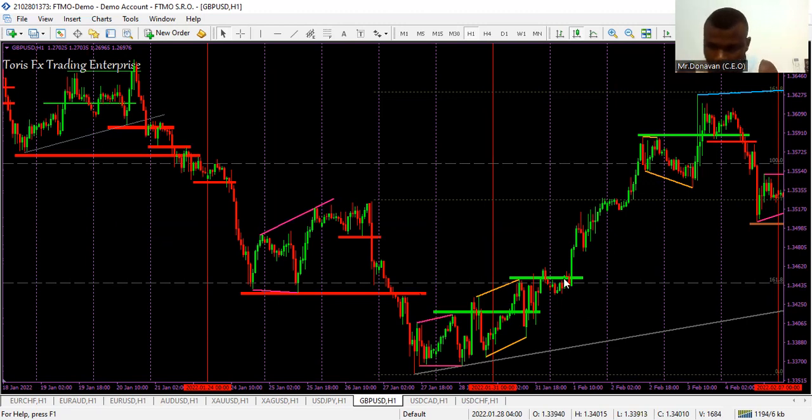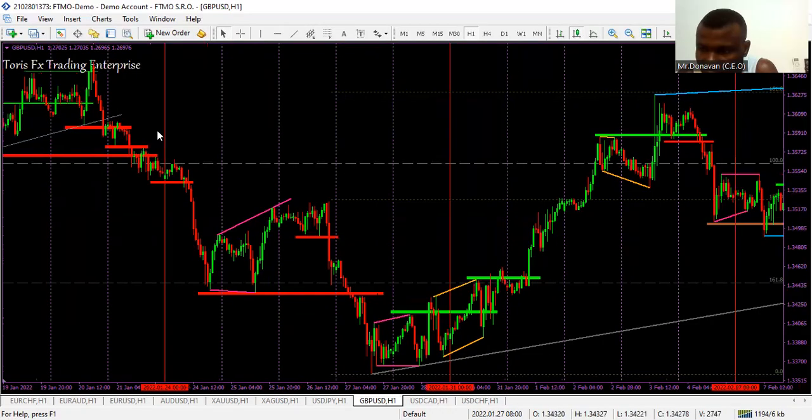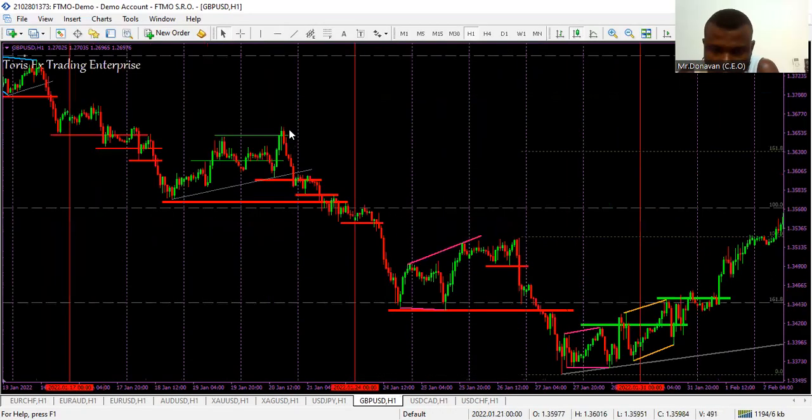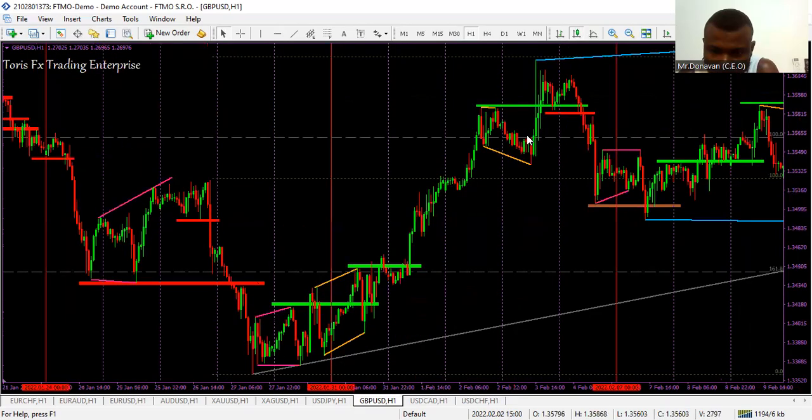Now we buy this. We are targeting the 161 of this pullback. We get it. Very small. So we will be targeting 161 of that. It probably ended up in a loss. So we need the profits.